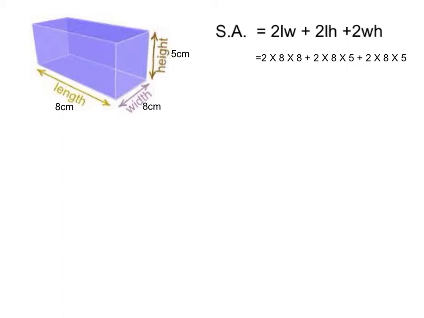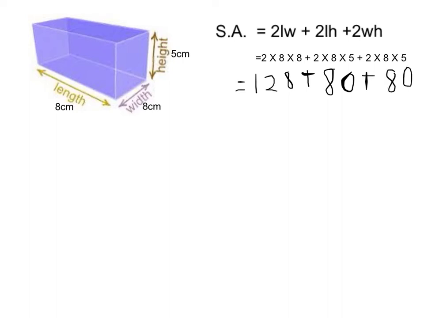So if I do my multiplication there, 2 times 8 times 8, 8 times 8 is 64 times 2 is going to give me 128, plus 2 times 8 times 5, which is 80, and then 2 times 8 times 5 again, which is another 80.